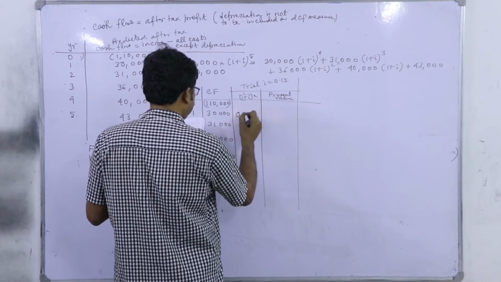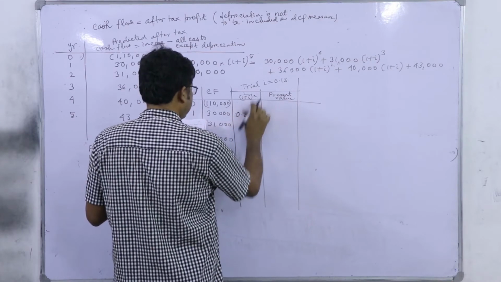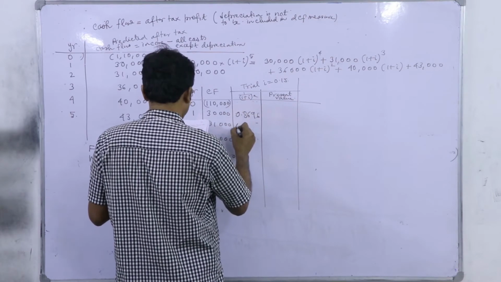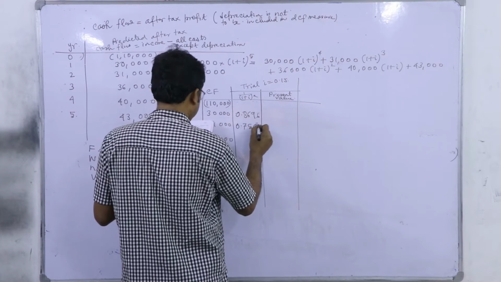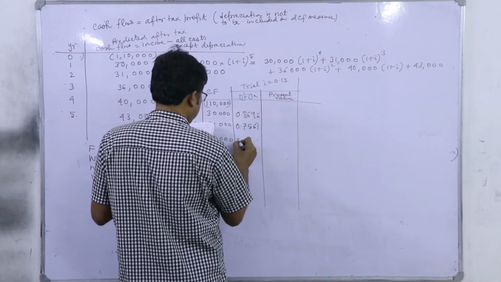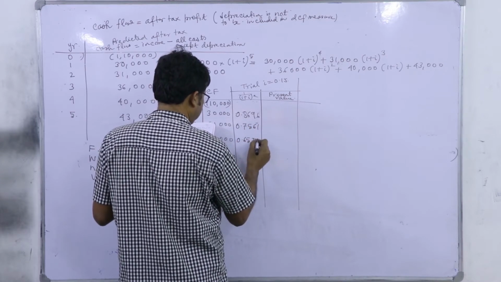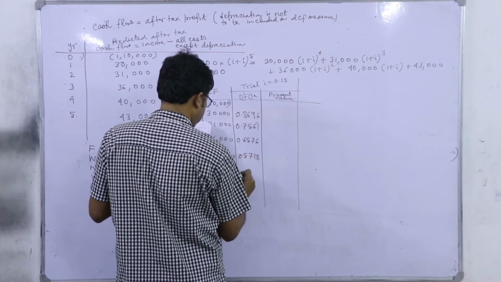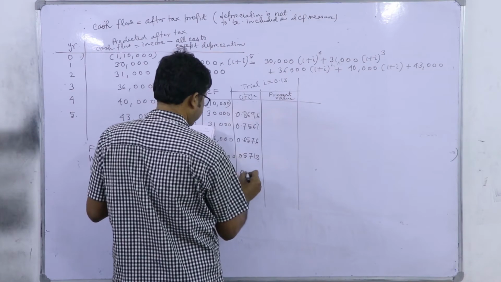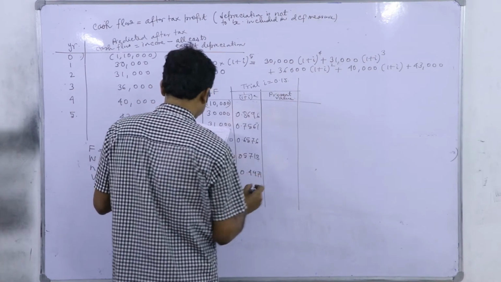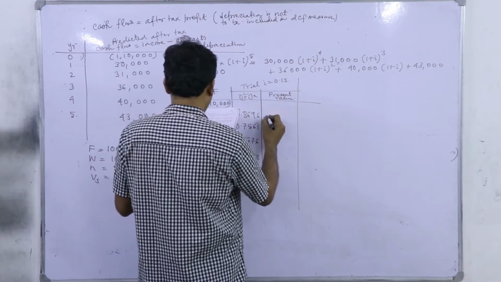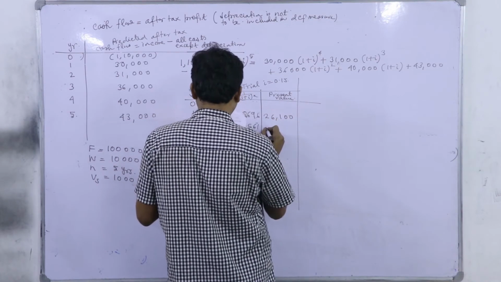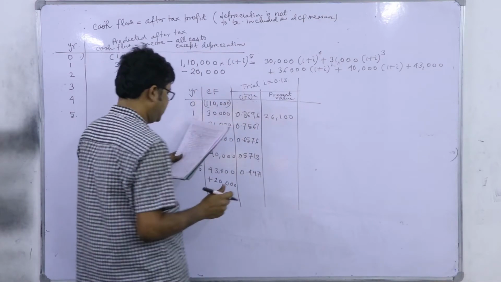So 0.8696, then 0.7561, 0.6576, 0.5718, and this 0.4971. The respective amount is 26,100, that is the present worth of the first year's profit.